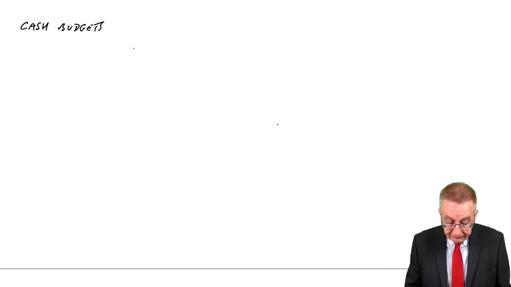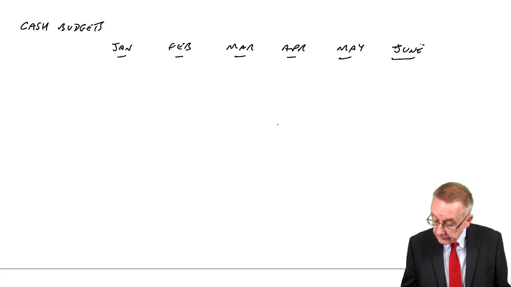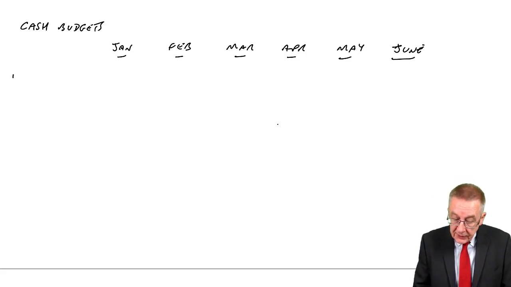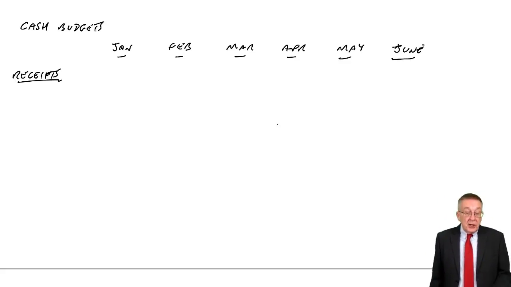Standardly columnar, we're asked to do January to June. So January, February, March, April, May, June. And let's first of all go through what receipts we expect. Well, the only receipts mentioned are going to be the receipts from sales.